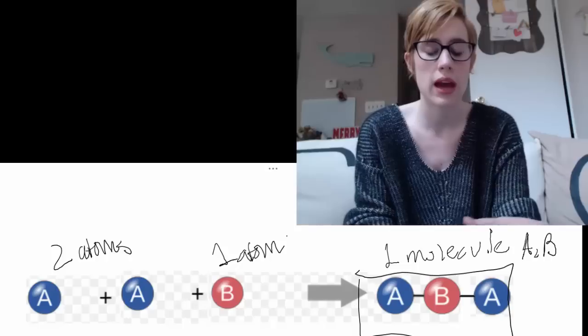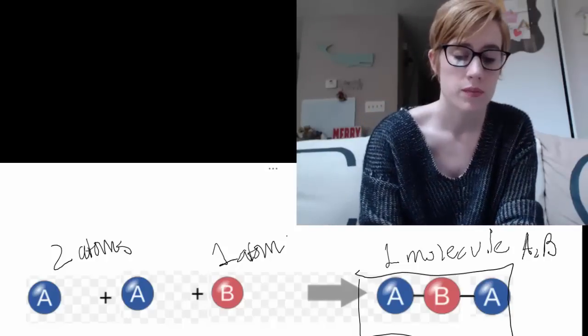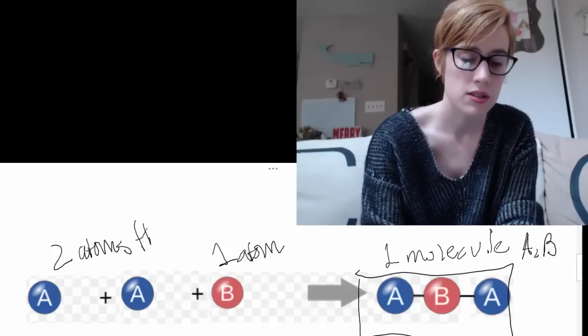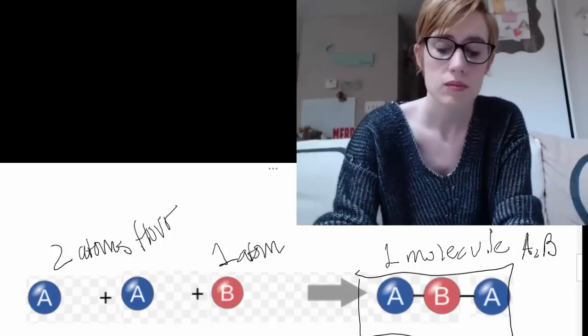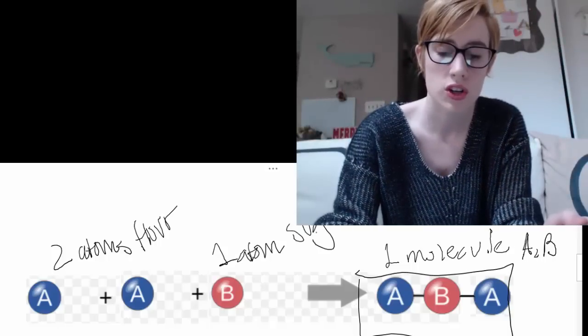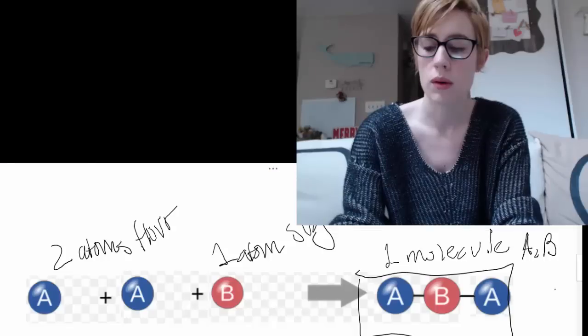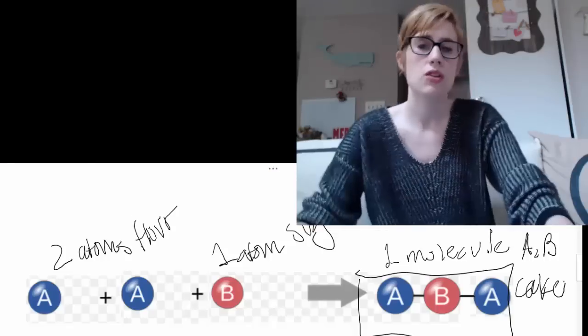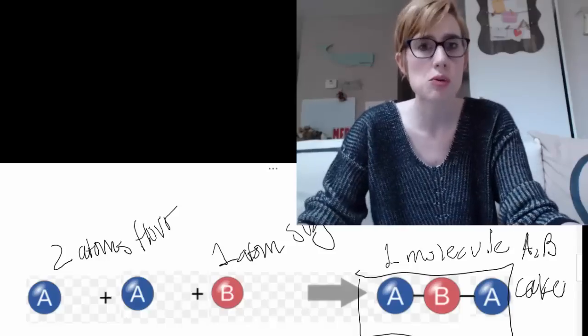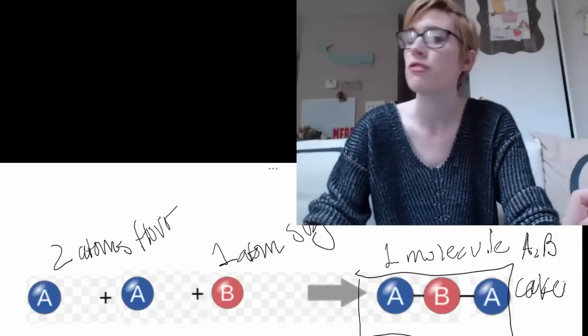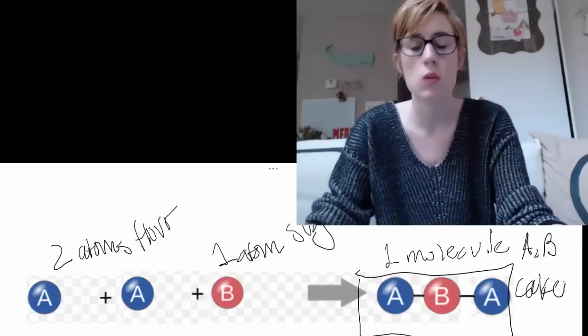It looked like we had two atoms of flour, although flour is not really an atom, it's a compound. So let's say you have two molecules of flour, one molecule of sugar, and you'll make one molecule of cake. I know there's a lot more that goes into making a cake, but let's simplify and pretend our recipe said you need two molecules of flour, one molecule of sugar, and you'll make one molecule of cake.